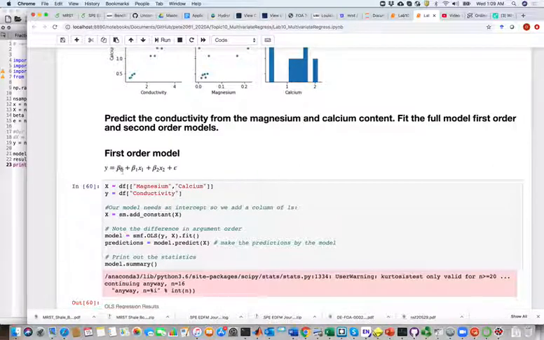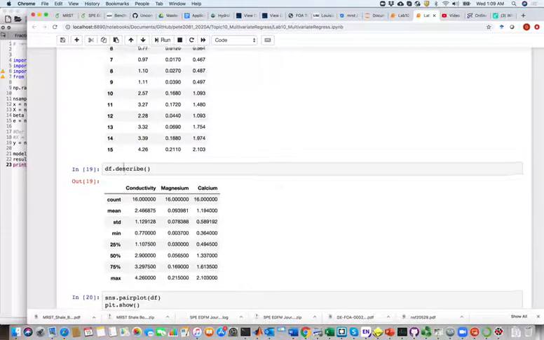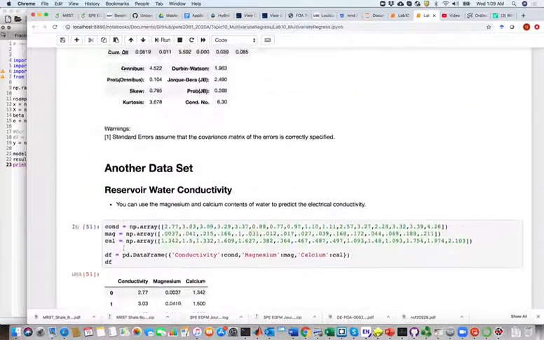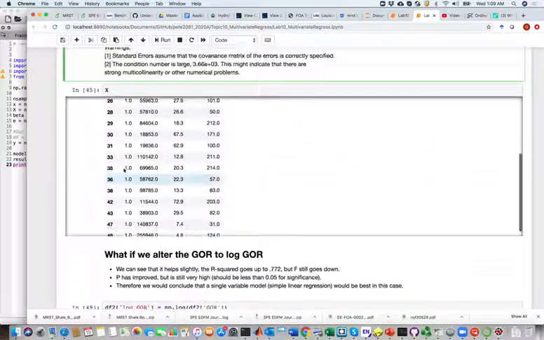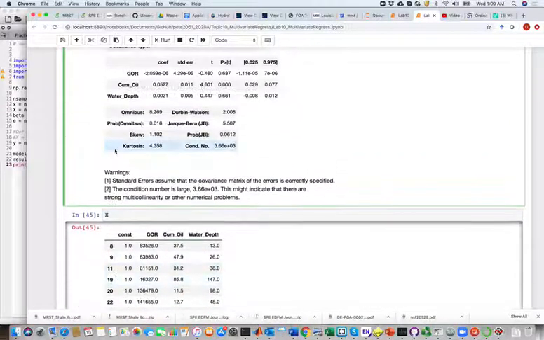To calculate this constant term, which isn't part of your model parameters, you need to have 1 instead of the x's. So added to the x's, and that's what we have done. So the x's are these guys, GOR, QMOL, water depth. We've added a constant term, which is all 1, so that the model can now estimate the coefficient.